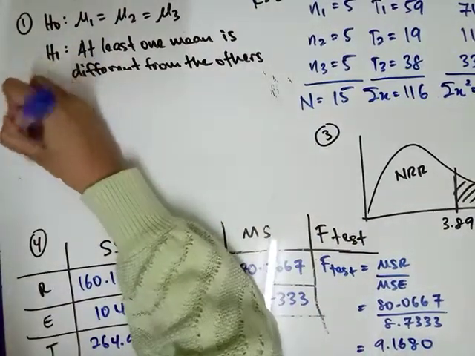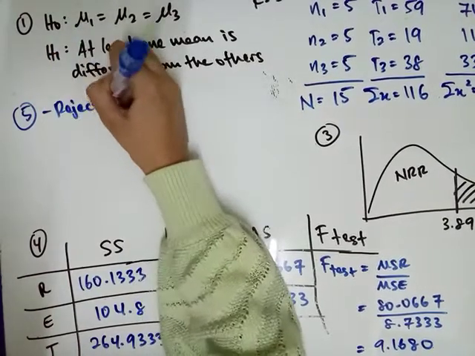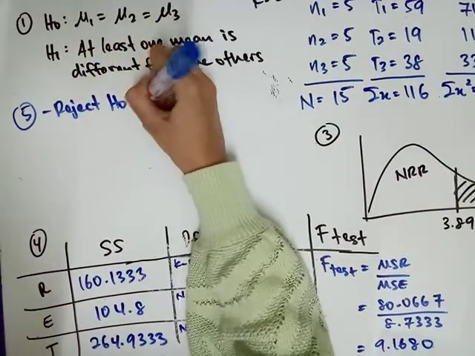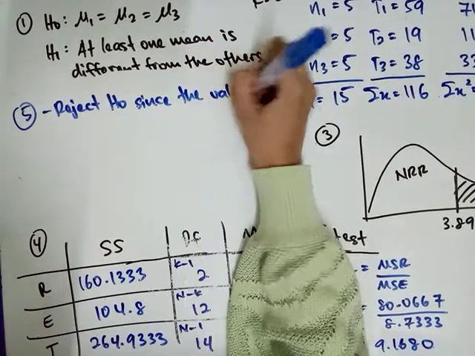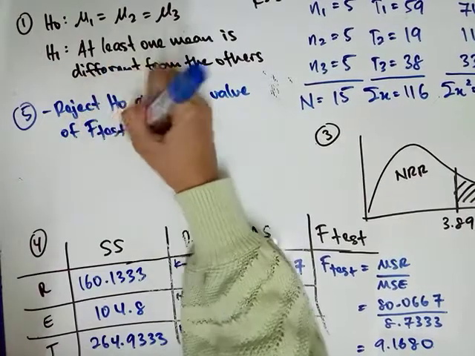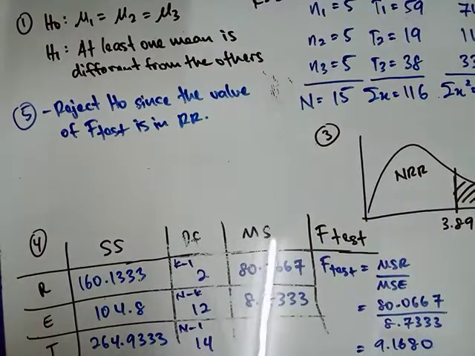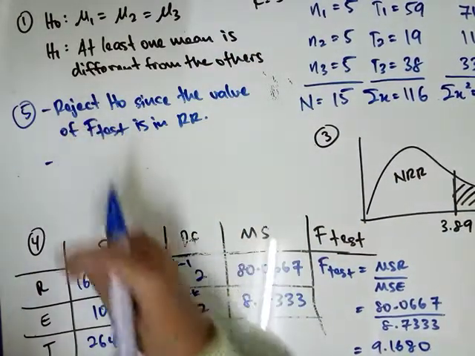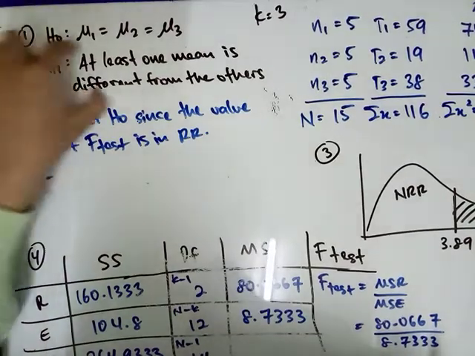Okay, step 5. Reject H naught since the value of F test is in RR. Okay, second conclusion. Since we have rejected H naught, that means kita accept the H1, right?